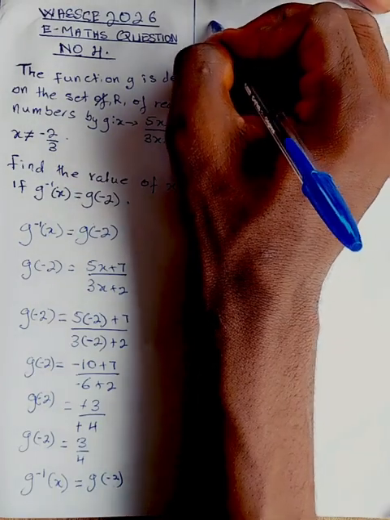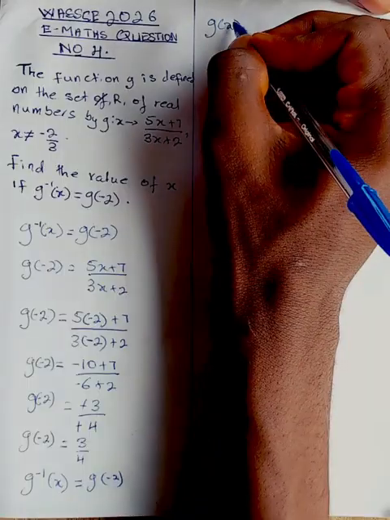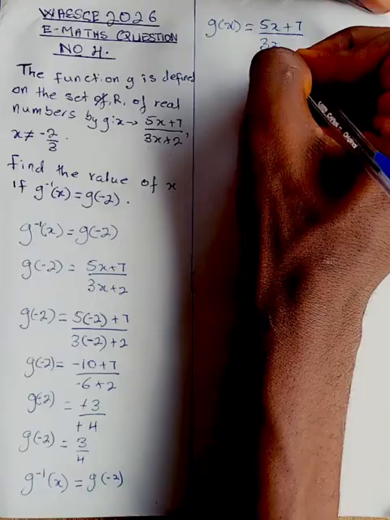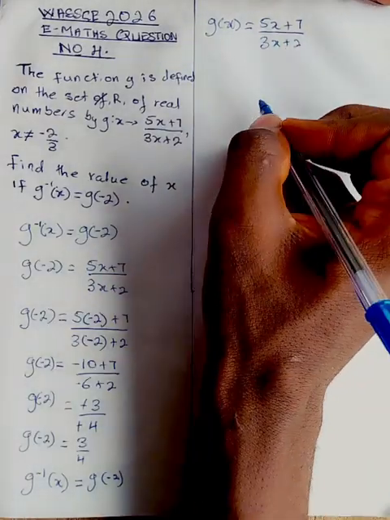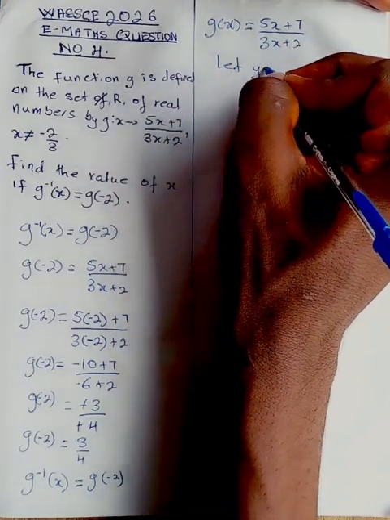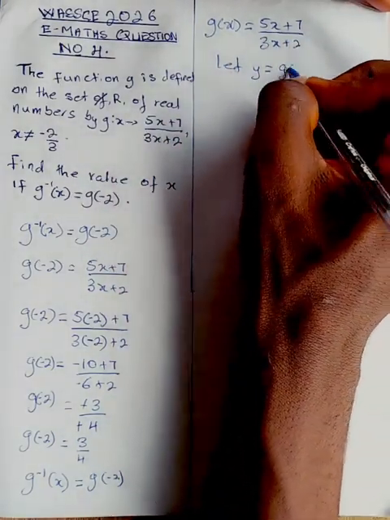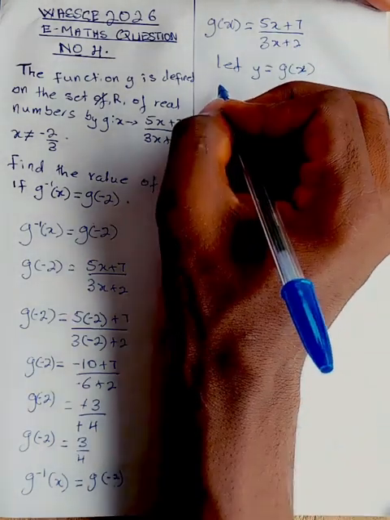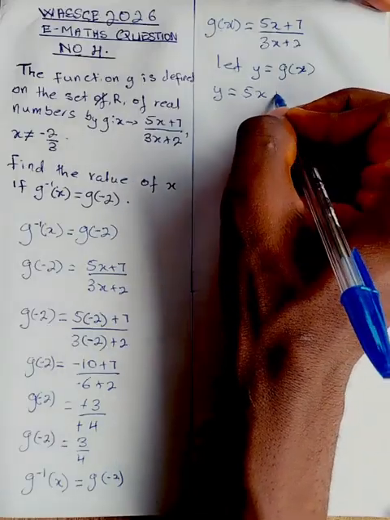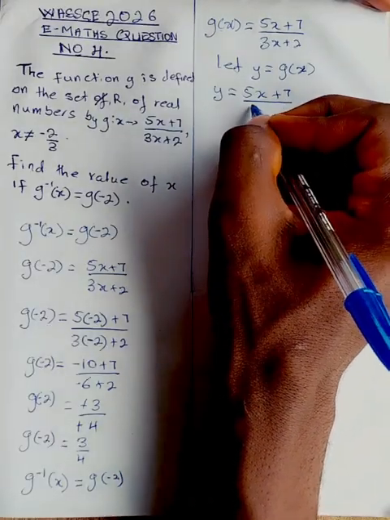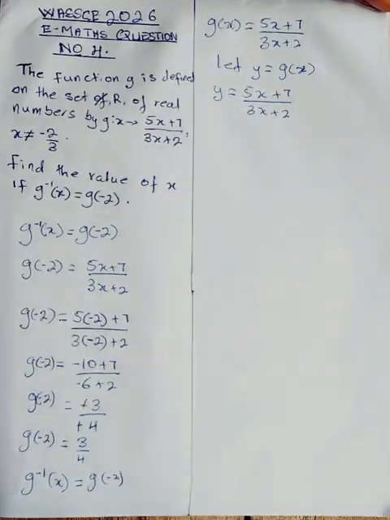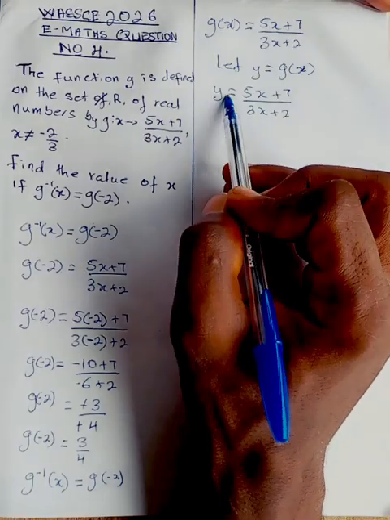So when g of s is equal to 5s plus 7 divided by 3s plus 2, to find the g inverse we let y be equal to g of s. So we have y equal to 5s plus 7 divided by 3s plus 2.